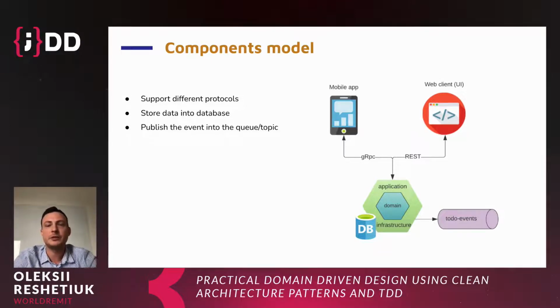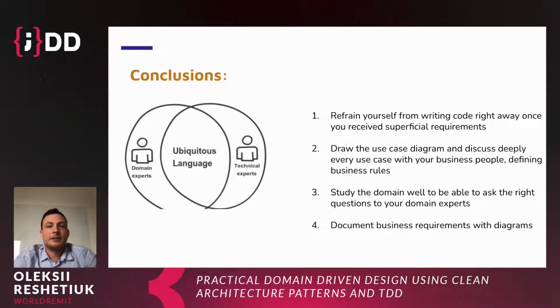And it seems like the hexagonal architecture is more and more applicable in our case. Nice. What lesson can we learn from this? First of all, do not rush to write code. So draw a use case diagram, show it to the customer, deeply discuss every use case.